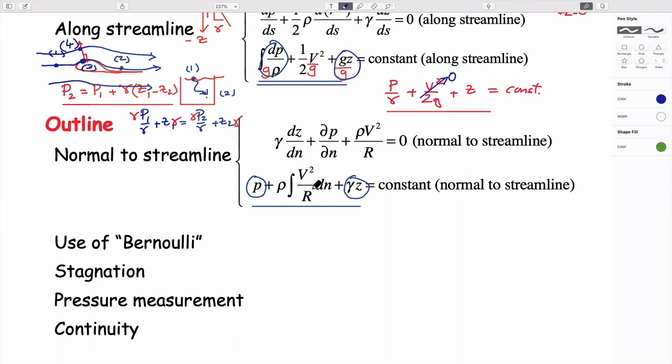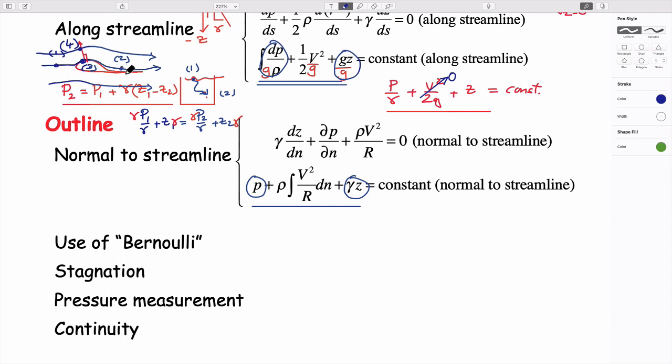And it also has a bit more of a complicated term that involves this v squared parameter. And the v squared parameter, at least in this term, relates to the fact that if you're going at some velocity at this point here, and you're going at a different velocity at this point here, then clearly you've accelerated.